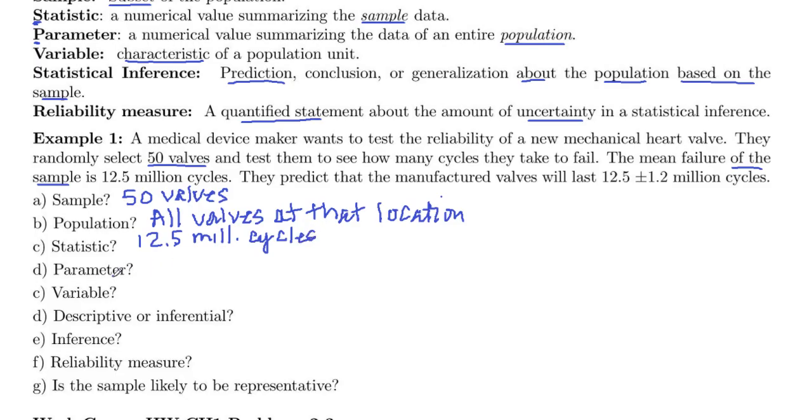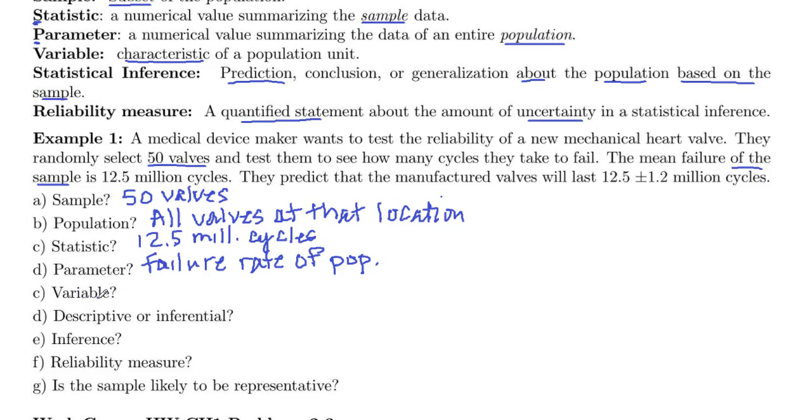And parameter, we don't have a specific parameter that's listed here, but the parameter we're interested in is the failure rate. And by rate here, I mean the number of cycles per failure of the population of heart valves.